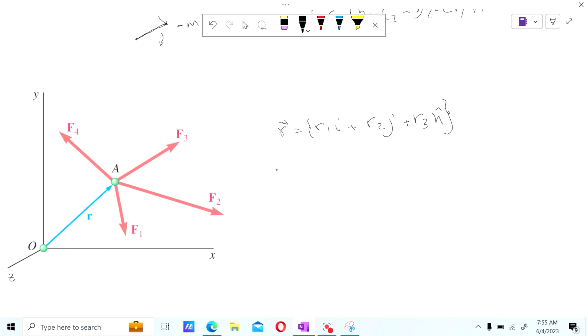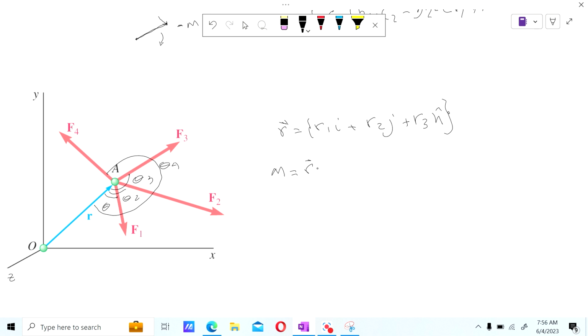And what this is saying is that the moment arm R is going to be the same, but the forces will be different because this angle, theta 1, theta 2, theta 3, theta 4, those angles are going to be different.